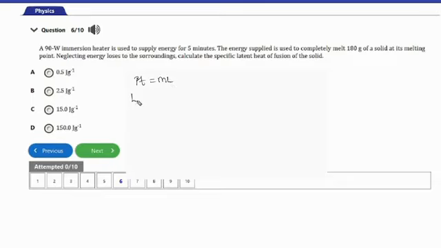We'll make it the subject of this equation. So that's PT over M. In that case, the power is 90 watts, the time is 300 seconds, and the mass is 180 grams. So this will give us 90 times 300 over 180. So guys, the answer to this question will be 150 joule per gram. And that's it for this question. So let's go ahead and consider the next question, guys.